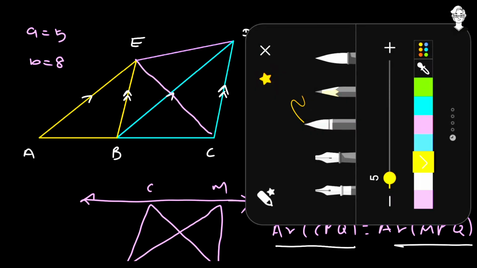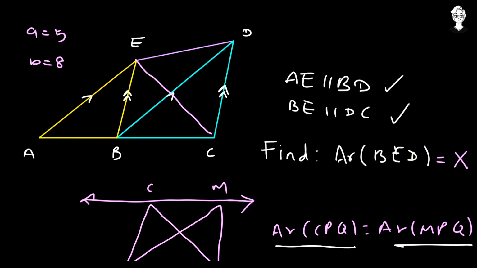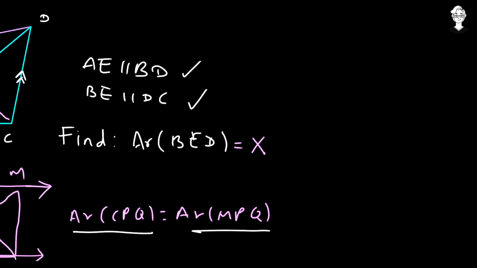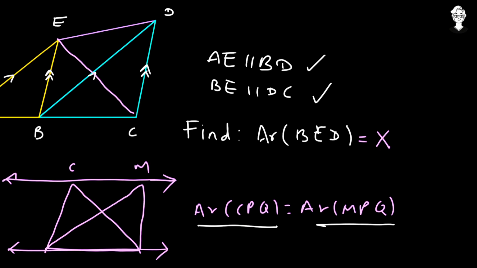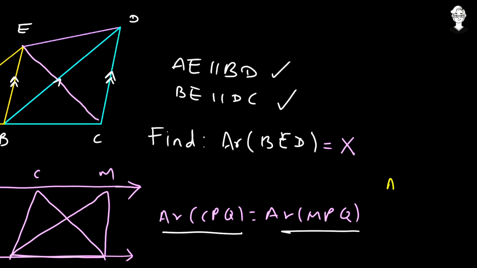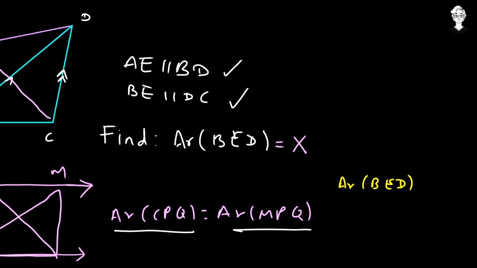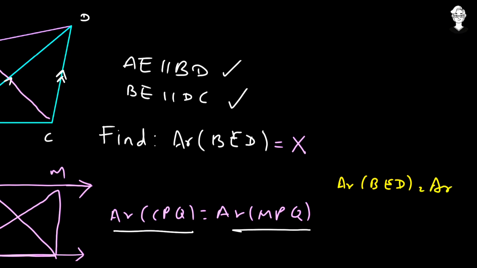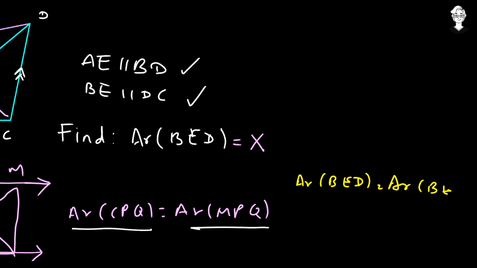So the area of triangle BED is equal to the area of triangle BEC. Writing it over there, BEC.